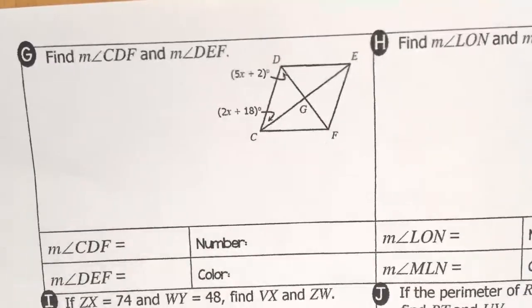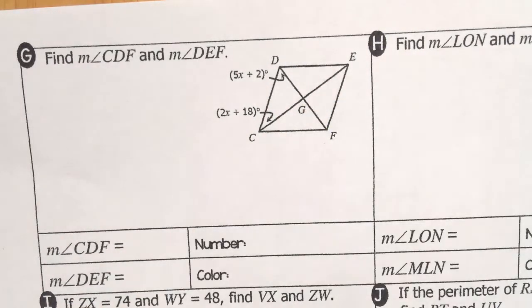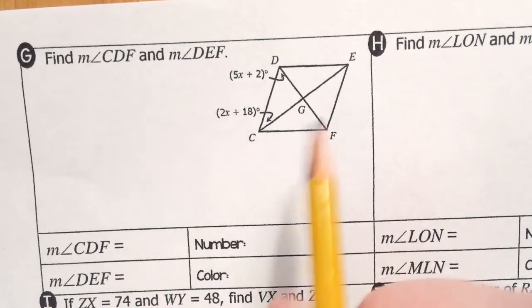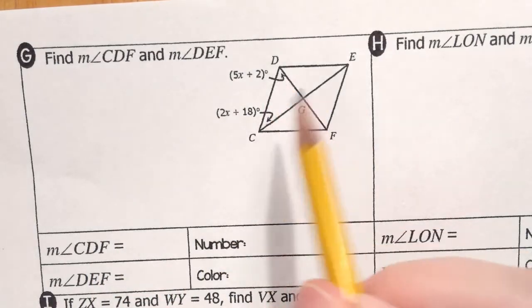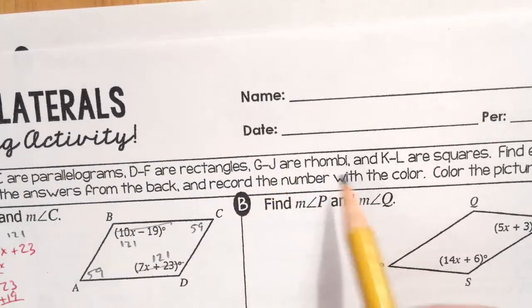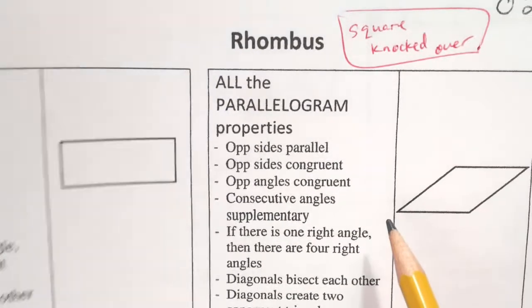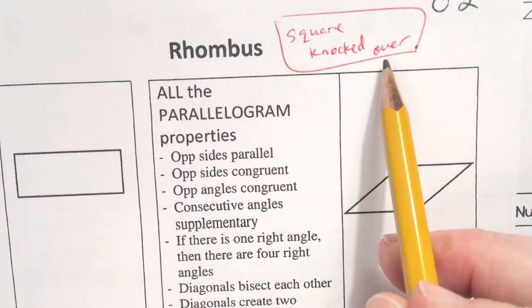So page 18. We're now on page 18. All right, so now we're talking about angles. Now we're on G. Hey, man, we have these little angles. Oh, wait, look. If we go back to the beginning, G through J are rhombi. So we're going to be looking at the rhombus rules. So on page 2, the rhombus, it's basically a square knocked over, right?